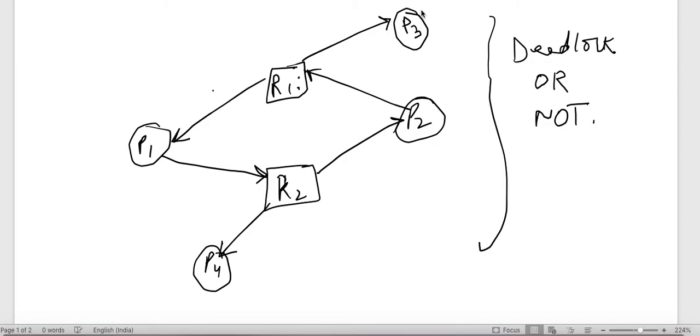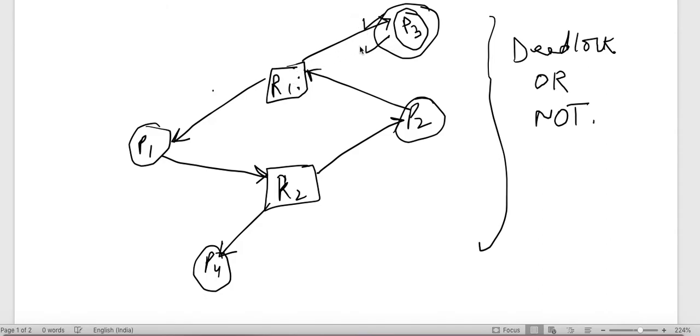But if you observe, P3 does not require anything else, and P3 is simply holding R1. It will get executed because it is not in a waiting state. Why? Because it is not requesting any resource. The resources which P3 requires, it already has. It requires only one instance of R1 which P3 already has.